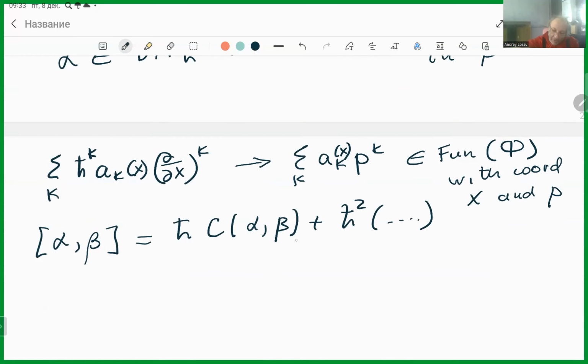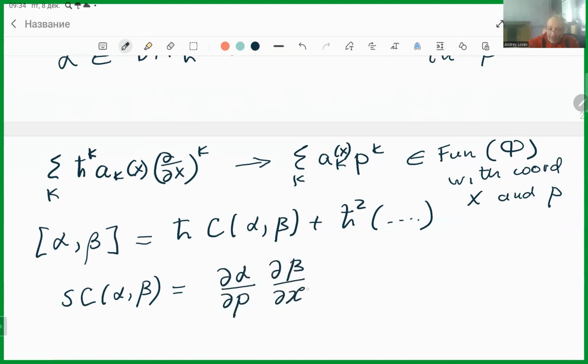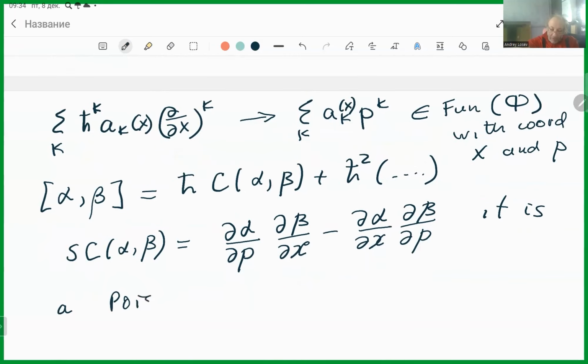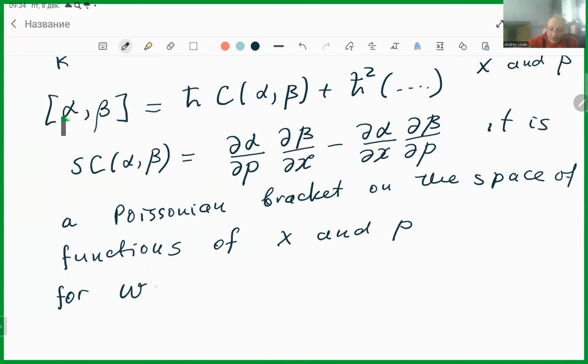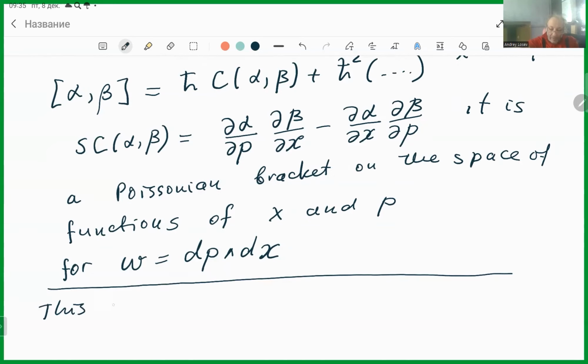What do we know about this c? The symbol of c of alpha, beta is nothing but d alpha over dp d beta over dx minus d alpha over dx d beta over dp. It is a Poissonian bracket on the space of functions of x and p for omega that equals dp dx.